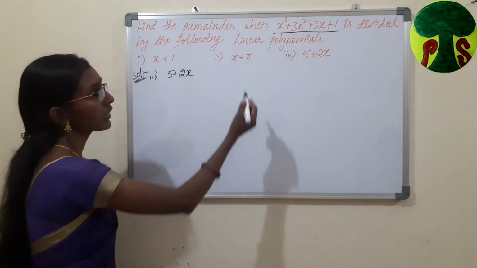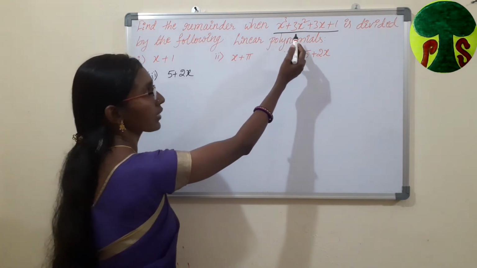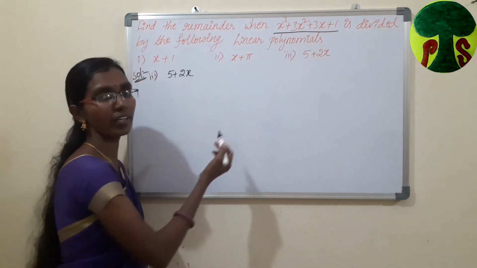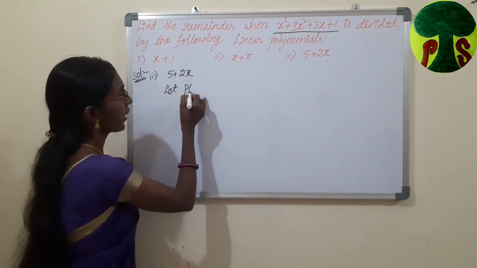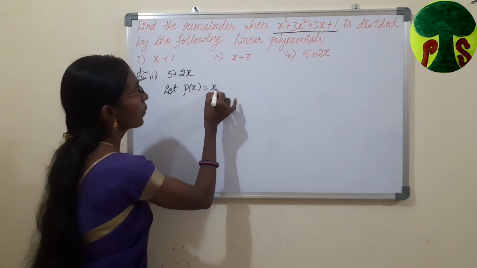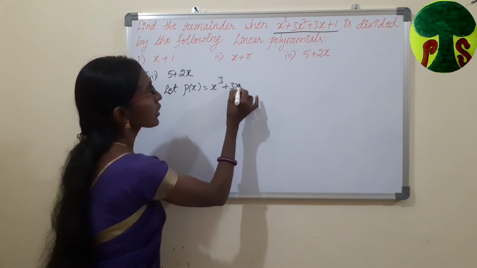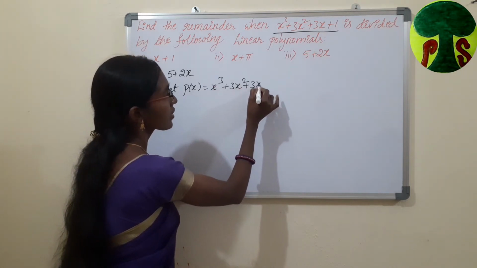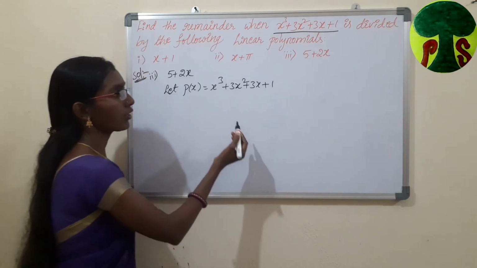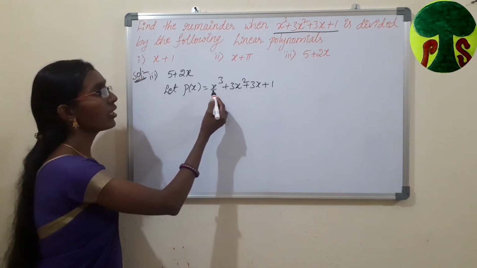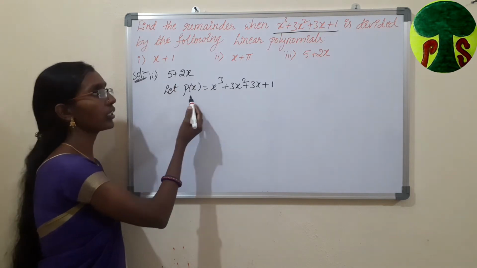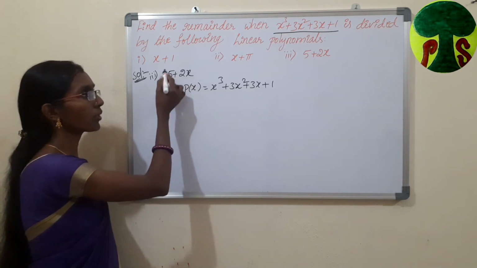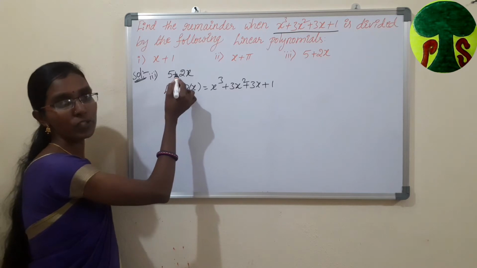We have to consider the given polynomial x cube plus 3x square plus 3x plus 1 as p of x. So let p of x is equals to x cube plus 3x square plus 3x plus 1. We have to divide this polynomial by 5 plus 2x to get the remainder. Further, we have to find the 0 of the polynomial 5 plus 2x.